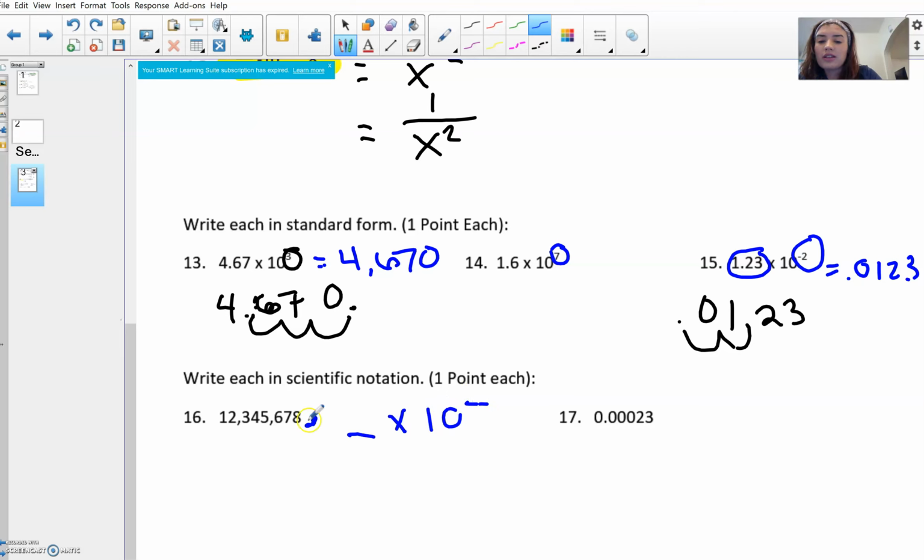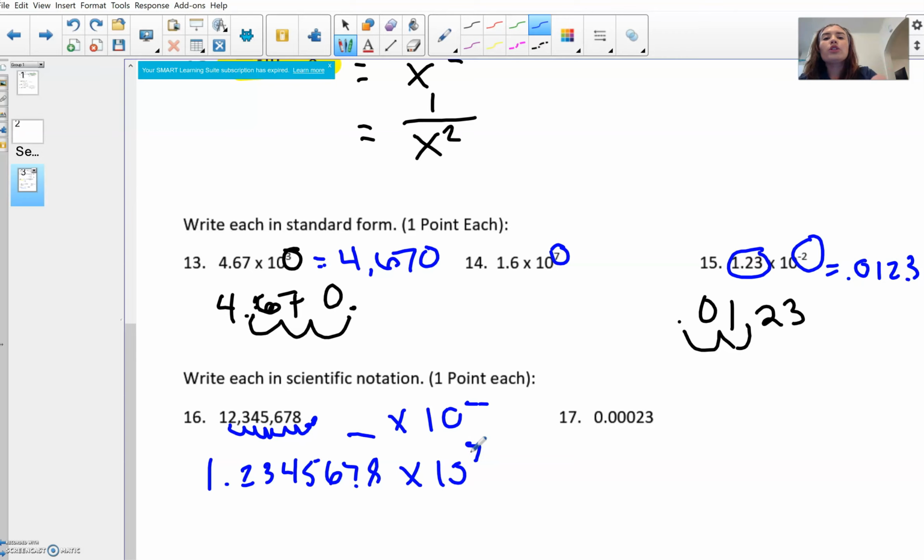So we are going to move this decimal 1, 2, 3, 4, 5, 6, 7 places, and rewrite it as 1.234567 times 10. We moved it 7 times, so our exponent is 7.